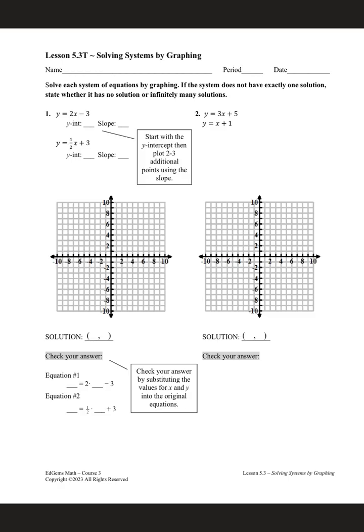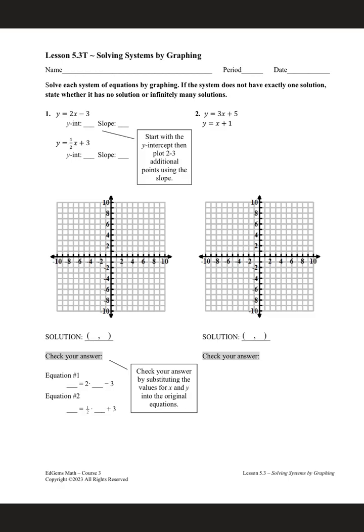Remember, in order for it to have one solution, the lines have to cross. If it has no solution, those lines are parallel, which means they never cross. And the last one, infinitely many solutions, that's where both of the equations are the exact same.